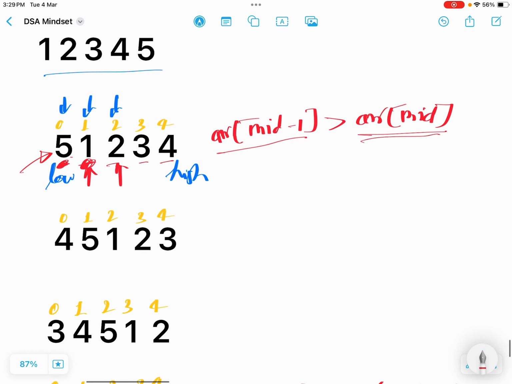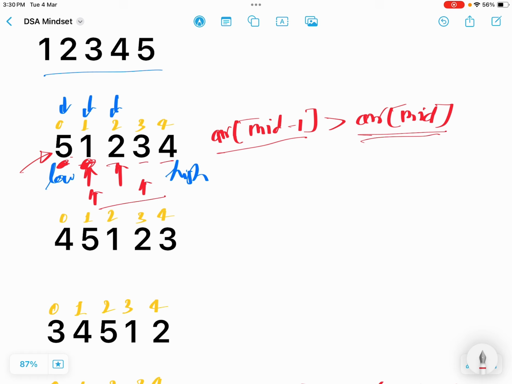How will we traverse it? Let's suppose my low is lesser than mid. Let's suppose in a few scenarios this is low and this is mid. I'm considering that index number 1 is low and index number 3 is mid.